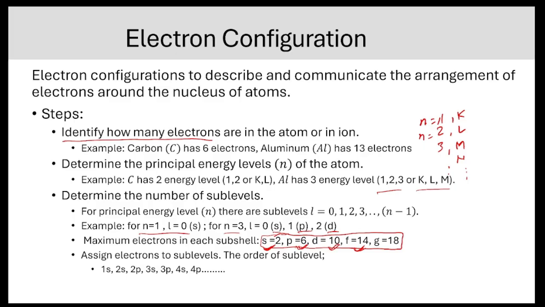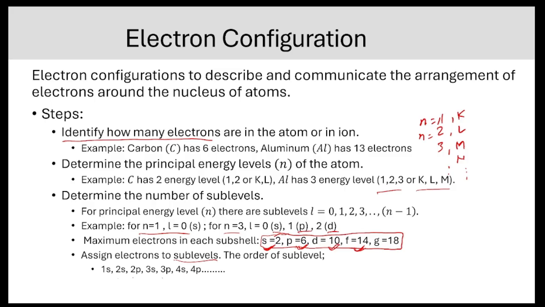For the sublevels, the general flow of the electron configuration is in this form: 1s, 2s, 2p, 3s, 3p, 4s, 4p, and so on.